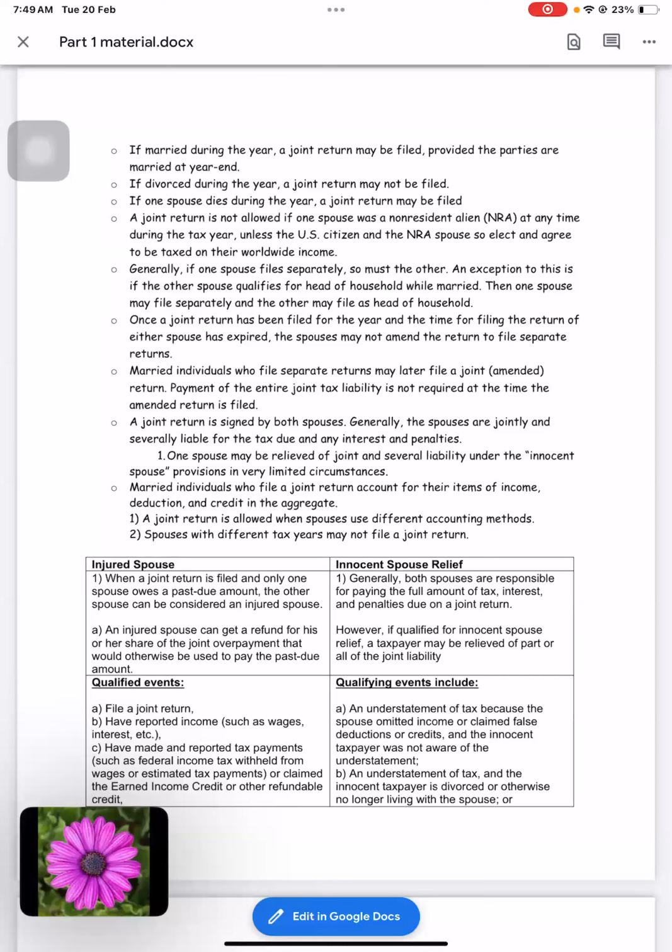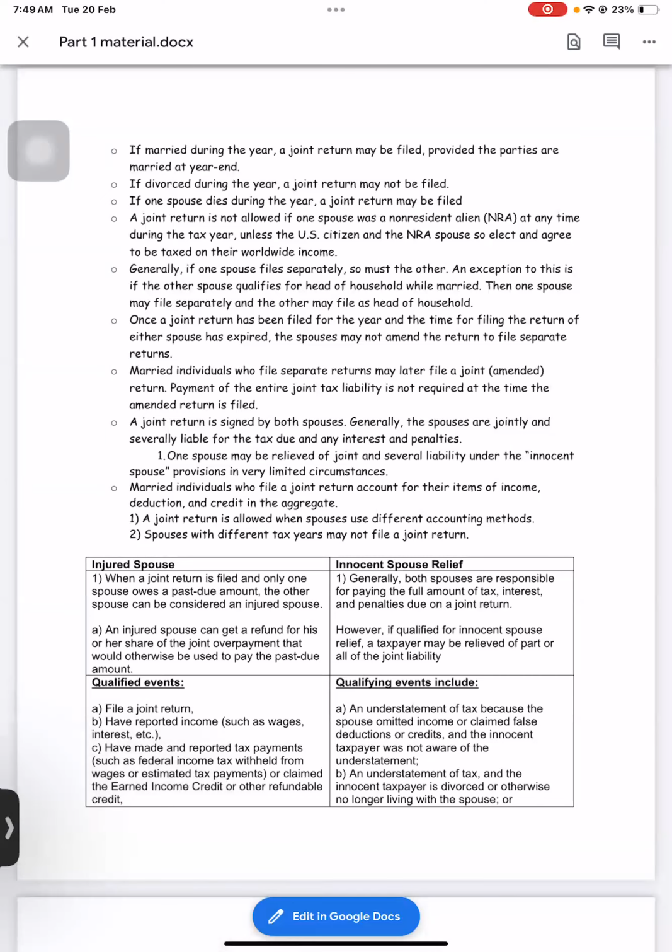Then I'll take the other. See, in case of injured spouse and innocent spouse, there will be some questions in the exam. If a person is filing an MFJ return, then what will happen? Think of it practically. A husband and a wife, and only the husband is working.